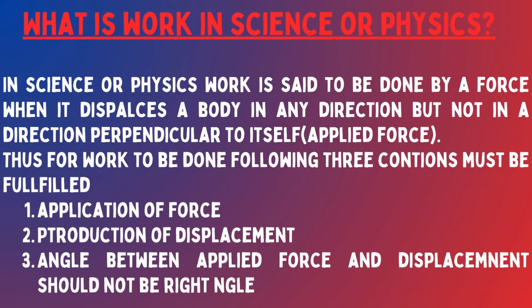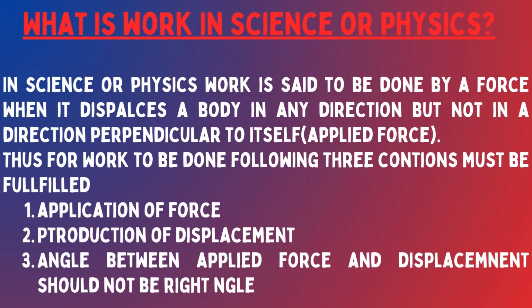In science or physics, work is said to be done by a force when it displaces a body in any direction but not in a direction perpendicular to itself. That is, the applied force. So, in science, work is said to be done when a force is applied on any body and displacement is produced in the body, but the direction of displacement is not perpendicular to the applied force.